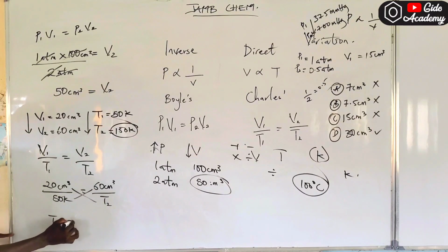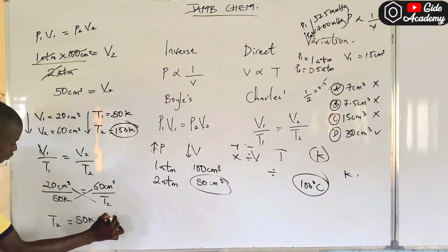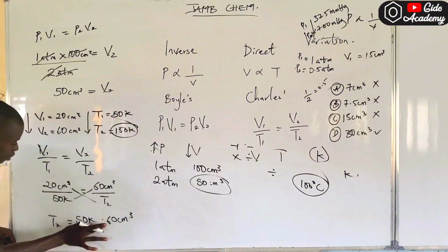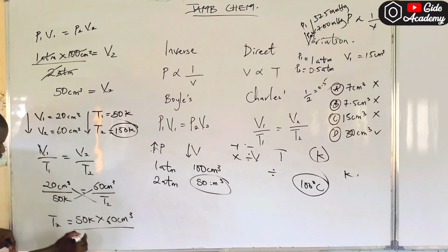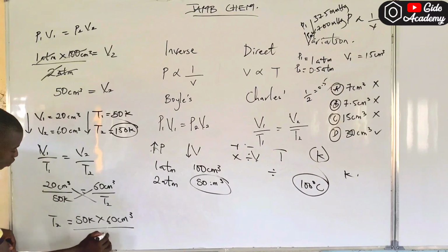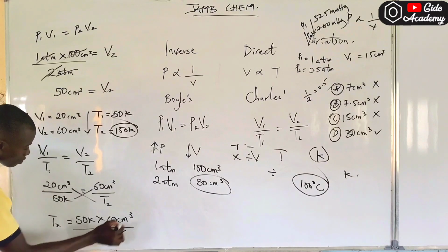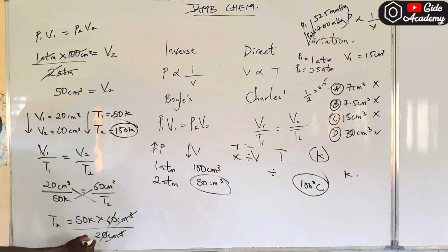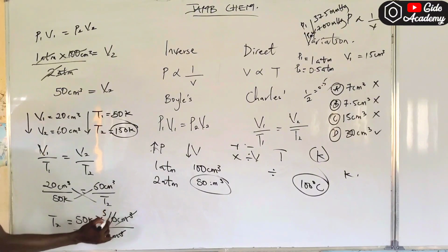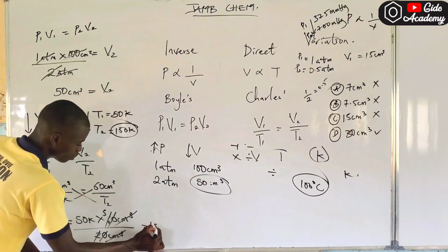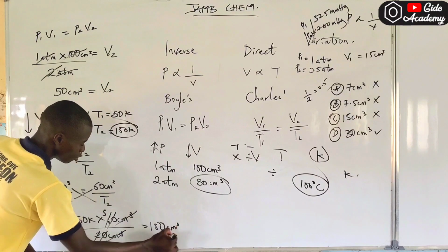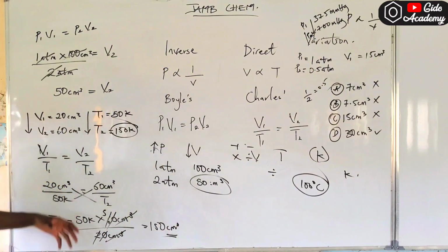My T2 is equal to 50 Kelvin times 60, all over 20 cm cube. The cm cube cancels cm cube, 0 will cancel 0, 2 go, we are left with 3. 3 times 50, we have 150 Kelvin. So this is just the easiest way to get it.